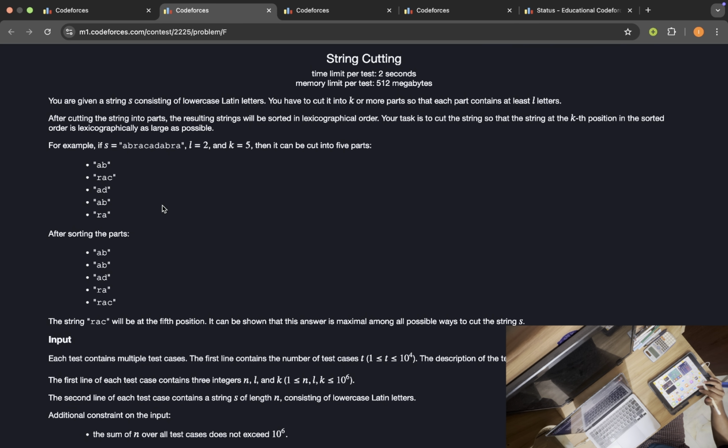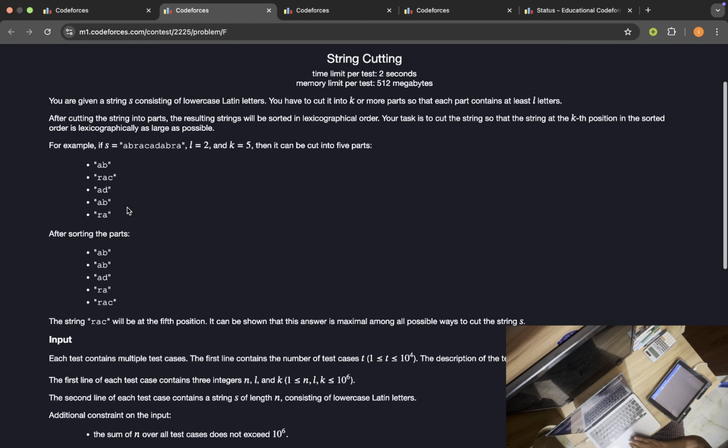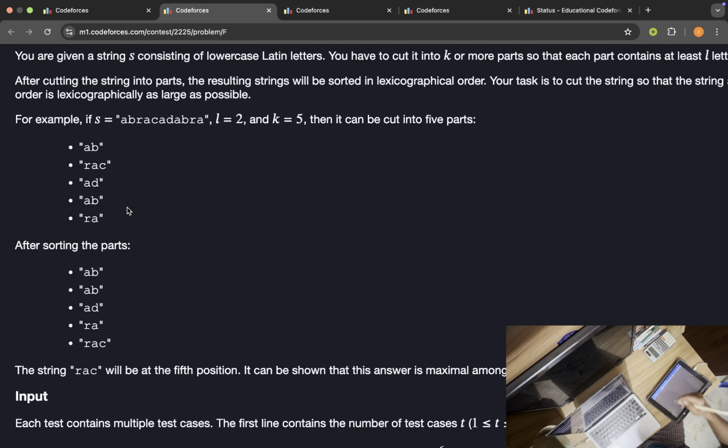it's my kind of problem. If s equals something, L equals something, k equals 5. Okay, okay. A, D, R, A, C, A, D, A, D, R, A. Okay, L equals 2.